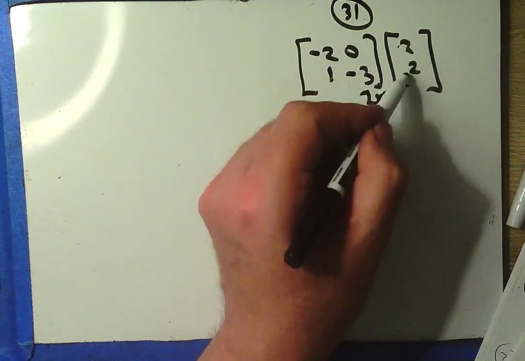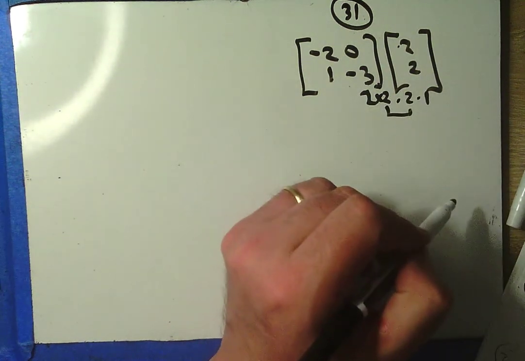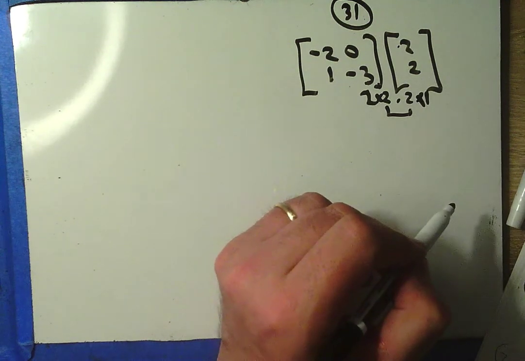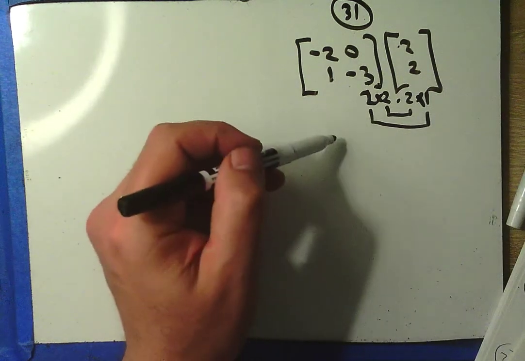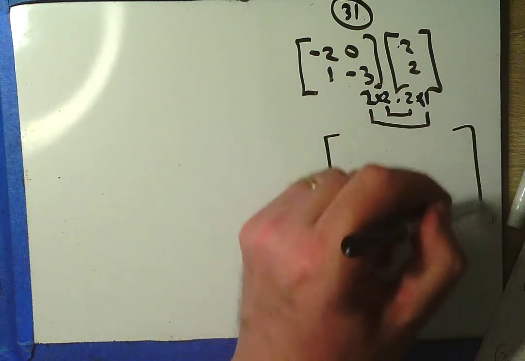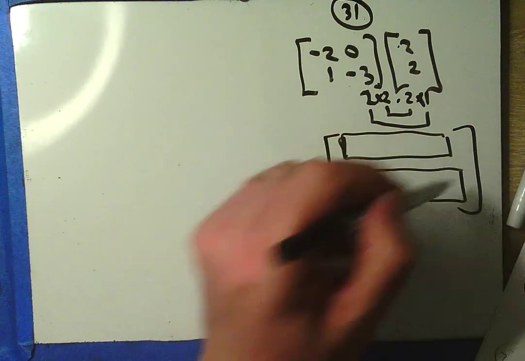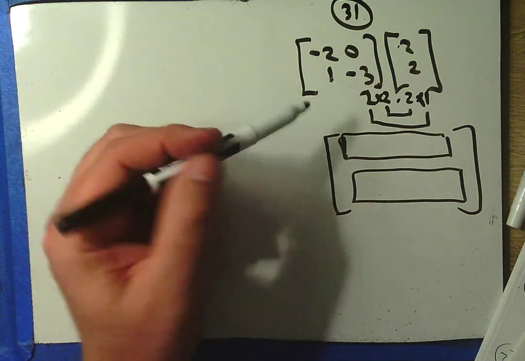This matrix has 2 rows and only 1 column. These numbers being the same tells me that I can multiply the matrices together, and this tells me how big my solution is. My solution is going to be 2 by 1. Okay, so I build a little 2 rows and 1 column matrix, and then I carry out the matrix multiplication.